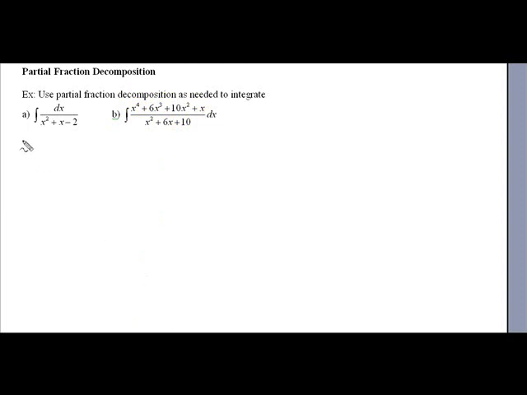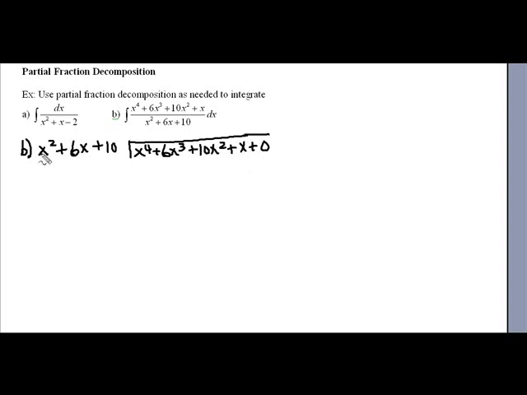So in part B, we're going to take x squared plus 6x plus 10, and we're going to divide it into x to the fourth plus 6x cubed plus 10x squared plus x plus 0. Notice we have all of the powers of x represented except no constant, so I'm going to put a little 0 there.